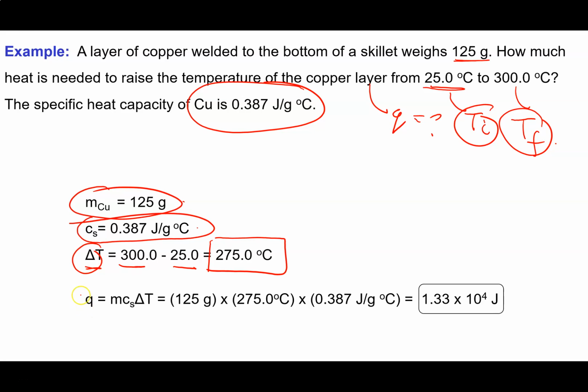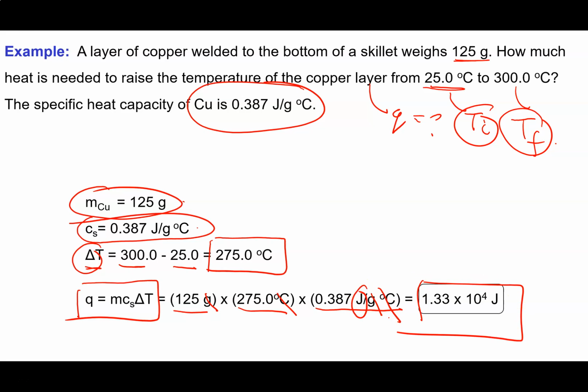So now we just use our little formula here, Q equals m C_s delta T. So m, 125 grams, our specific heat, 0.387 joules per gram per degree Celsius, and our delta T, 275 degrees Celsius. So grams cancels, degrees Celsius cancels, leaves us with joules. And there is our answer.